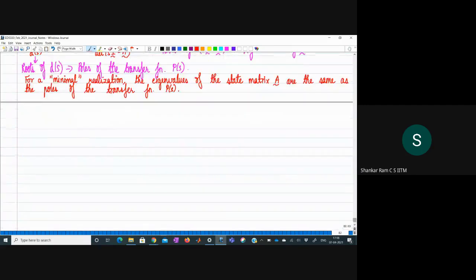So for a minimal realization, the eigenvalues of the state matrix and the poles of the transfer function are one and the same.